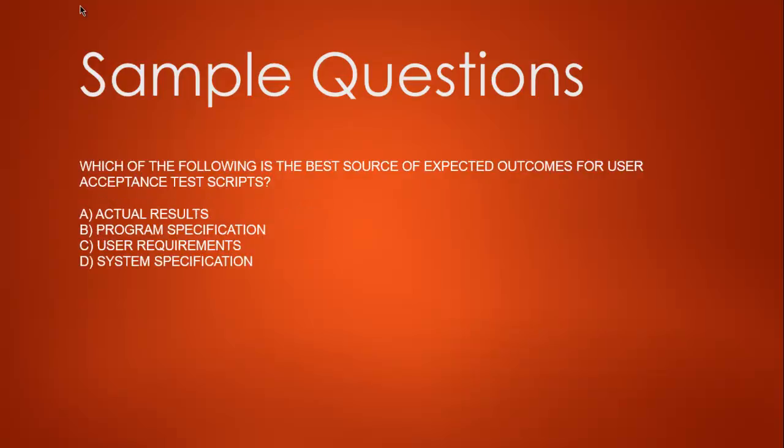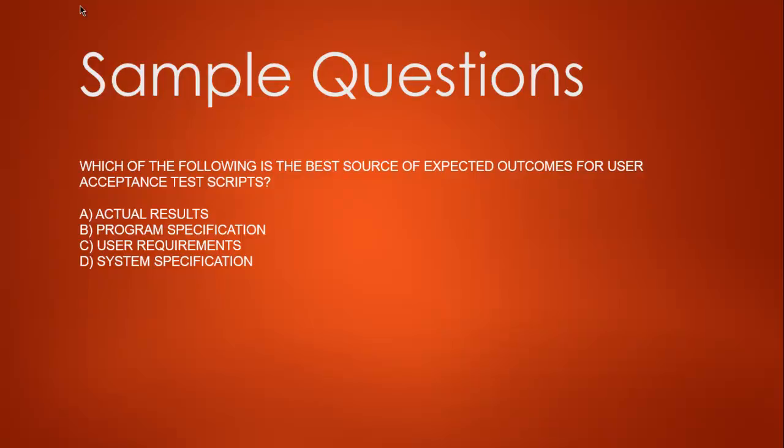Let's take next question. Which of the following is the best source of expected outcomes for user acceptance test scripts? A, actual results. B, program specifications. C, user requirements. D, system specifications.